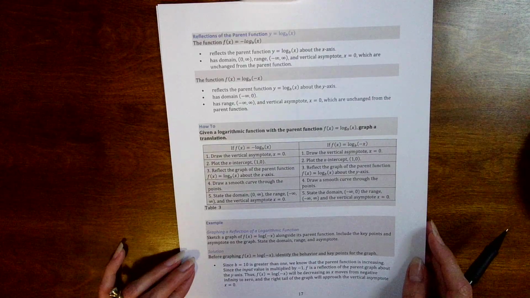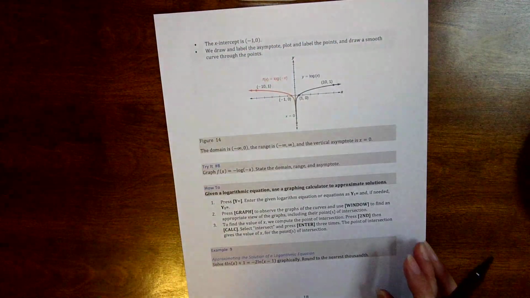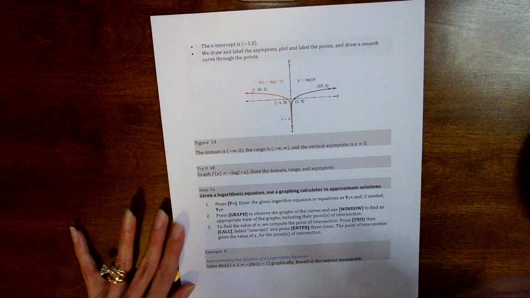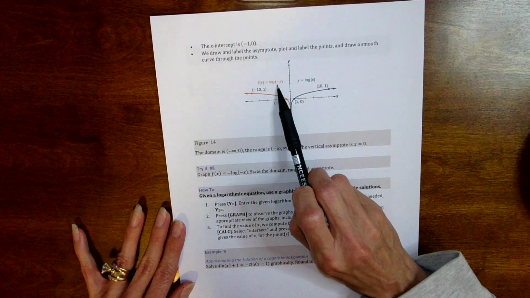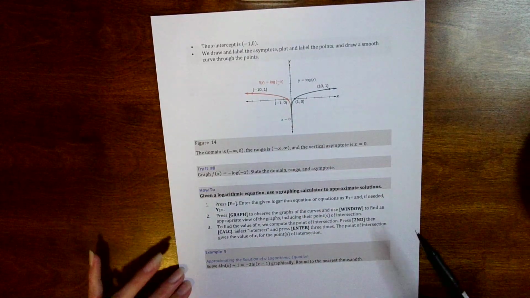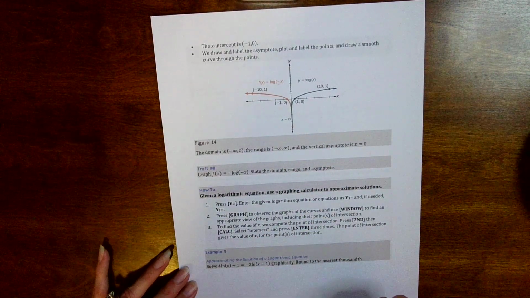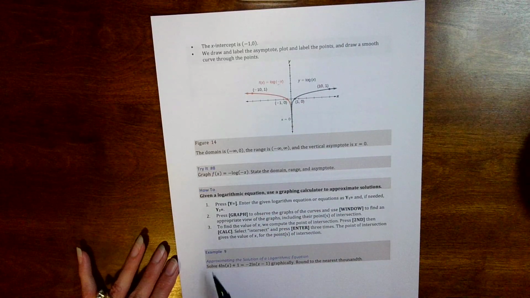If you want to meet on Teams and go through all this by hand, we can, but we don't need to. We have a much better graphing utility. And then, so this is log of negative x and log of x, so you can see the reflection. It shows how to do it in a calculator.